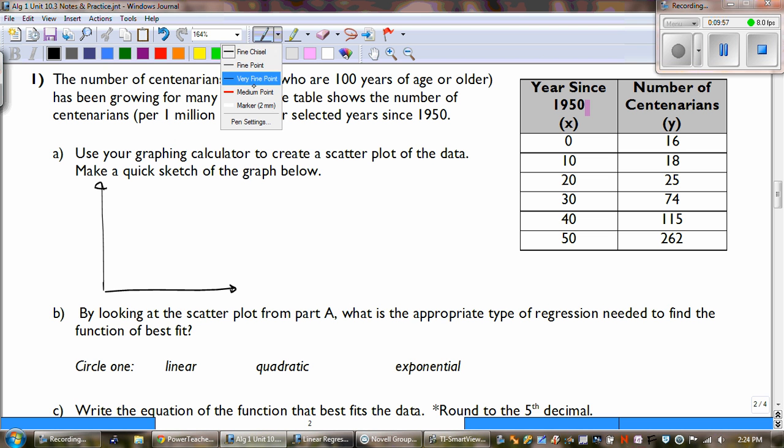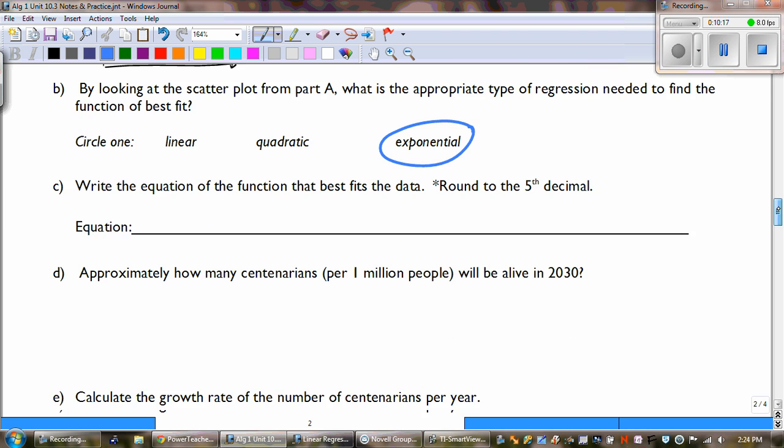So let's see, it started like right here, and it looks something like that. Okay? So what type of graph is it? It's exponential.